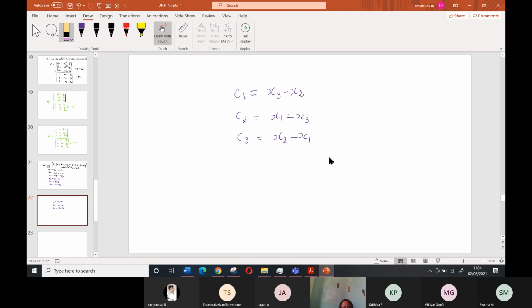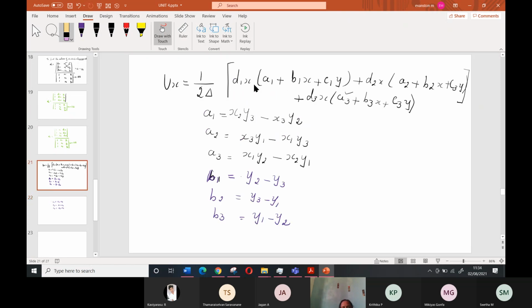So I can write the shape function. The terms along with d1x, I will take as n1, along with d2 I will take as n2, and along with that I will take as n3.